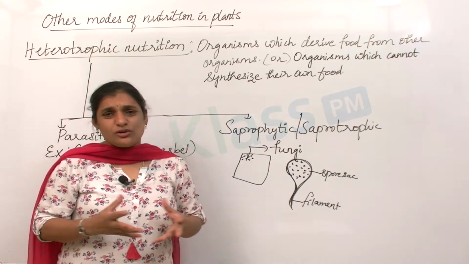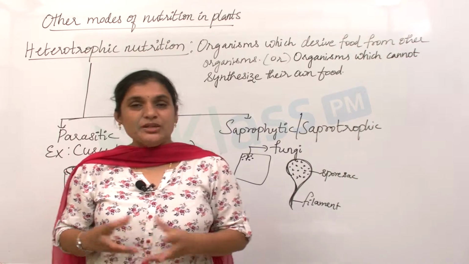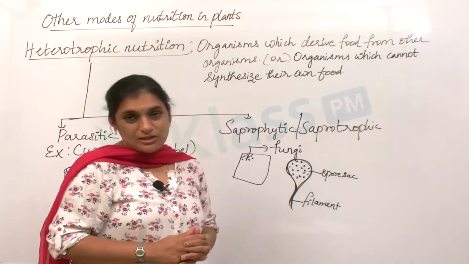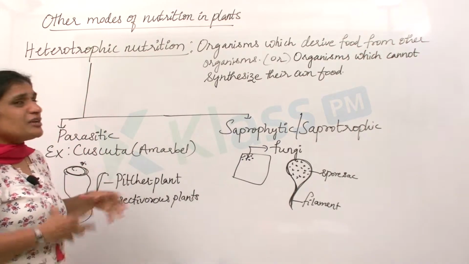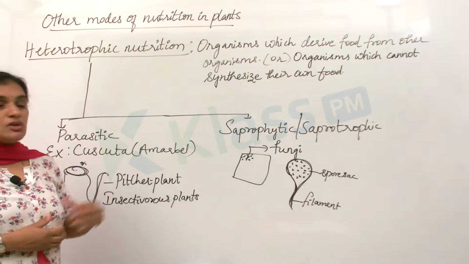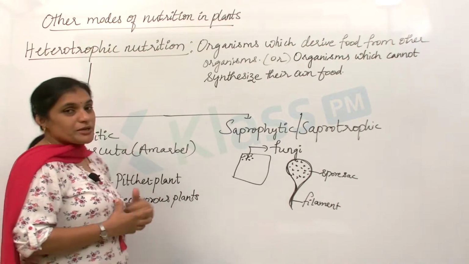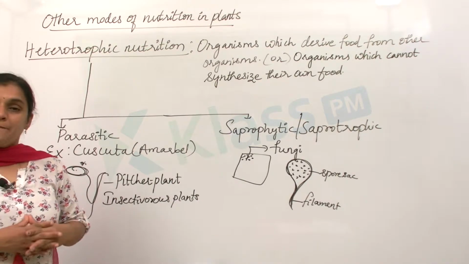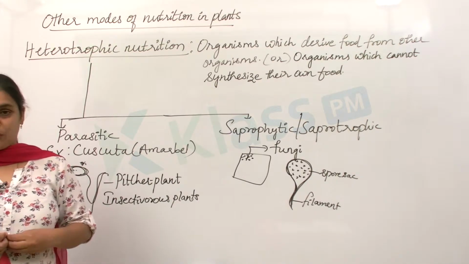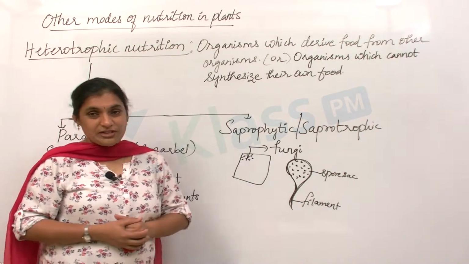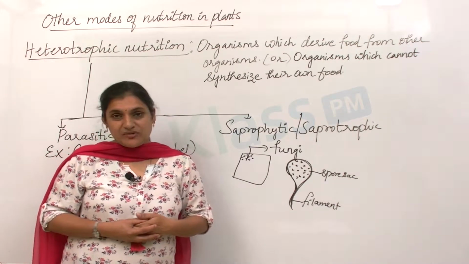That means, as they don't have any chlorophyll in them, they cannot synthesize, and ultimately they have to depend upon other organisms. So there are different modes of deriving nutrition from different organisms. In the case of plants, heterotrophic nutrition is classified into two different types based on the way they derive the food. First is parasitic nutrition, and the second one is saprophytic nutrition or saprotrophic nutrition.